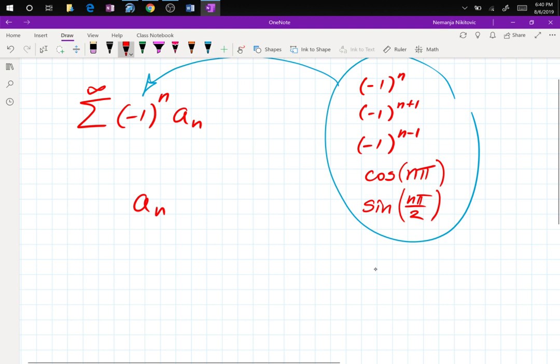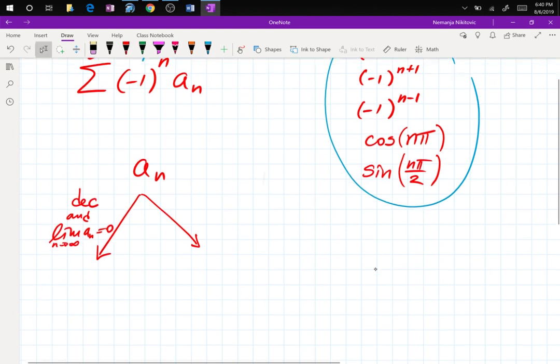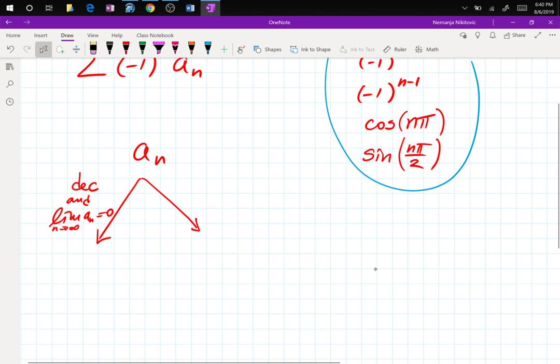So you take away the sum, you take away minus 1 to the n, and you just look at a_n. Now, if a_n is decreasing and the limit of a_n is 0 as n goes to infinity, so if these two conditions are met, you are already on a convergence branch. And on the convergence branch, now you are going to look at the summation of a_n. Again, no minus 1.